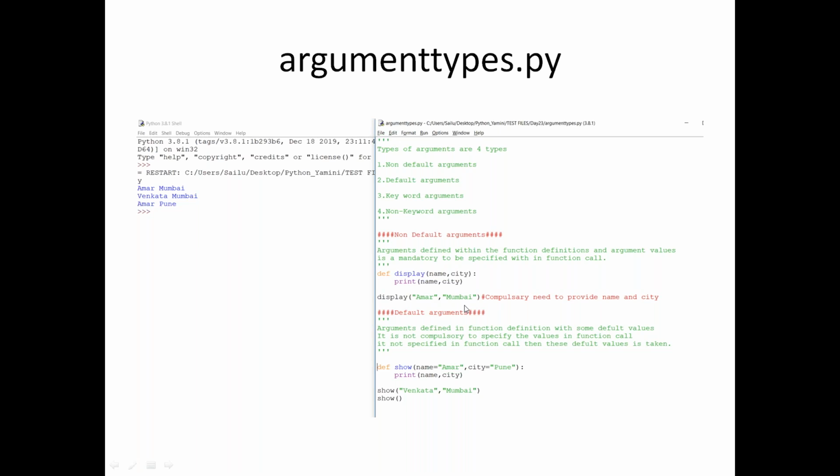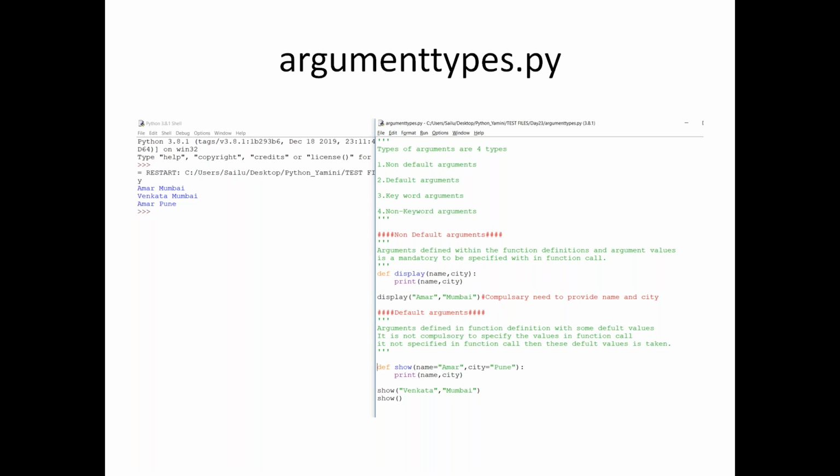So Amar, Mumbai. It will be assigned in a sequential manner. There are no default arguments. It's compulsory to provide name and city, no other option, or else the system will show an error. If you forward only one argument like Amar, skipping the city, it will show an error because these are non-default arguments.